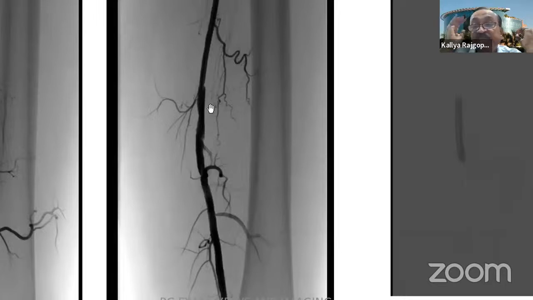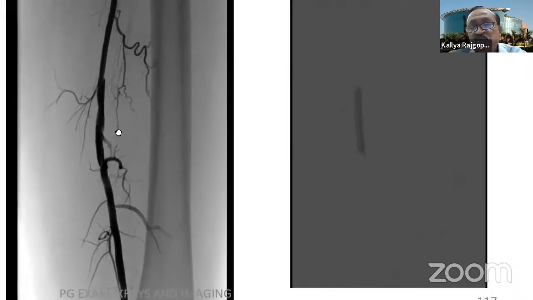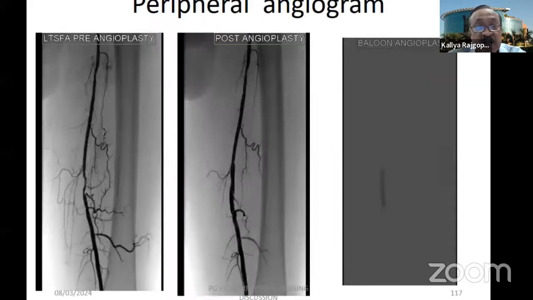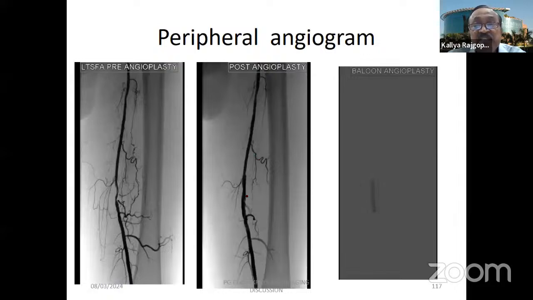Once the angiogram is done, the catheter is advanced and through it a balloon dilatation of the segment can be done, followed by a stent. There are various types of stents, including the nitinol stent, which is shown here. The post-angioplasty picture is showing a well vascularized vessel.